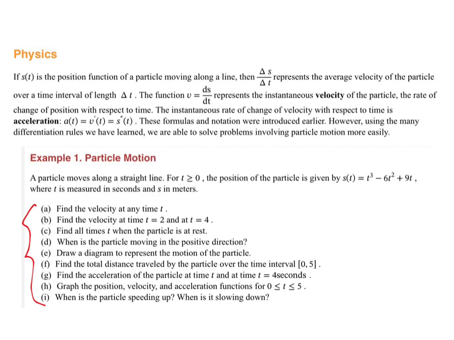Find the velocity at any time t. So for part A, find the velocity at any time t. How do I find velocity? Our position function here is s of t equals t cubed minus 6t squared plus 9t.